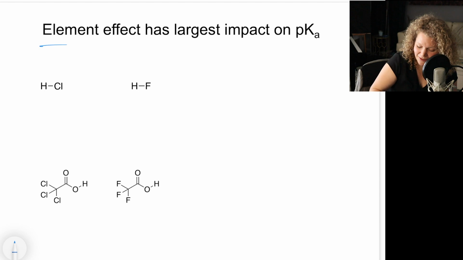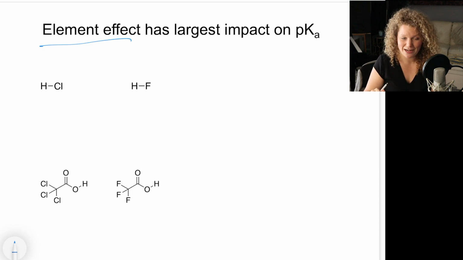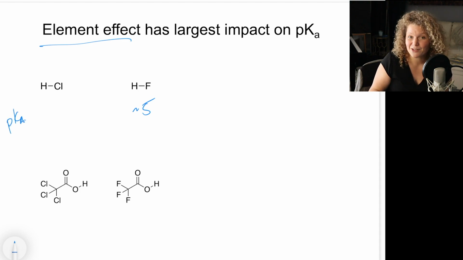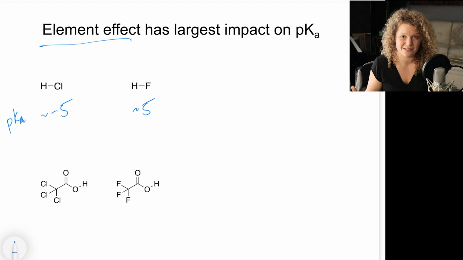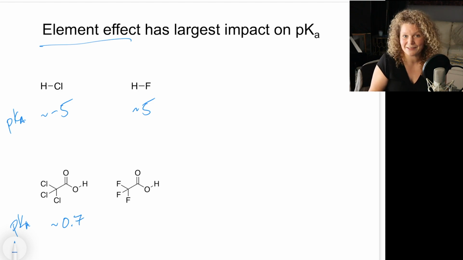Remember that the element effect has the largest impact on pKa. Okay, so even if I look at two straight up acids, HCl and HF, we know HF has a pKa of around 5 and HCl has a pKa of around -5. So this is a 10 pKa difference. And we've also looked at acetic acid derivatives. If I have 3 chlorines or trichloroacetic acid, this pKa is around 0.7.